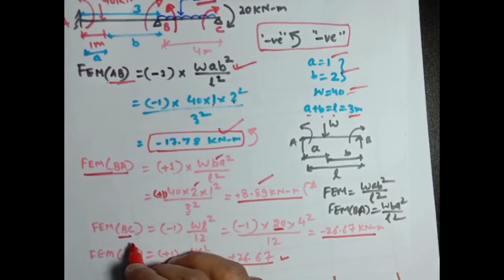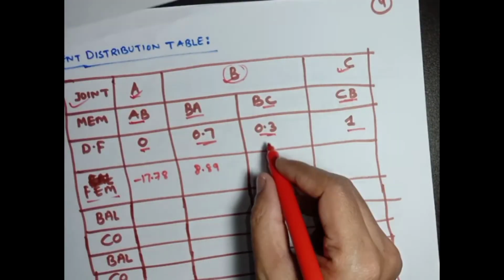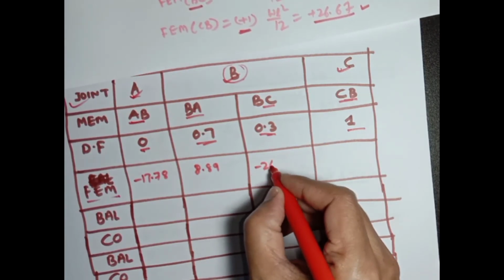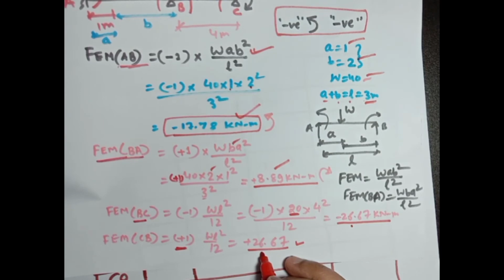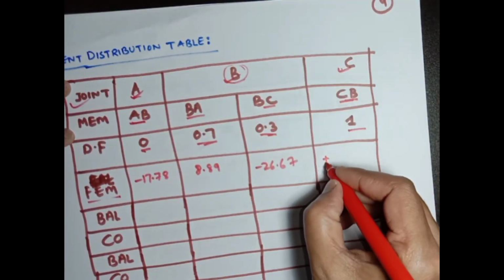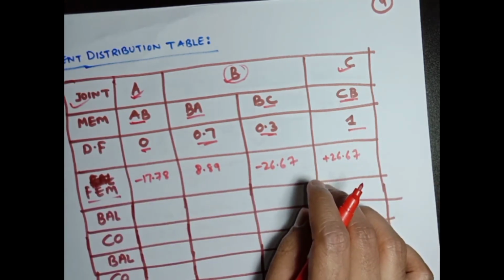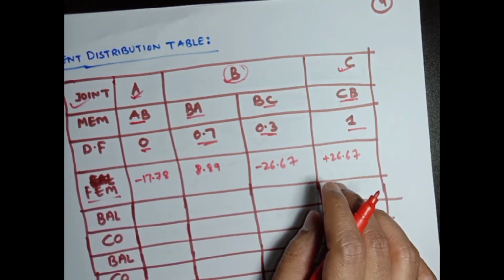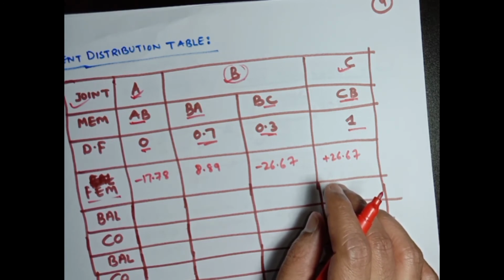For member BC we have calculated minus 26.67, so for BC it will be minus 26.67, and for CB it will have the same value but with positive sign, so here we are going to put 26.67. These are the fixed end moments we have calculated as per our fixed end moment calculations. We are just putting the values here.